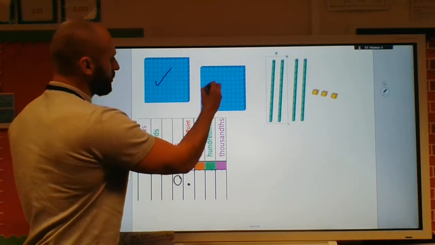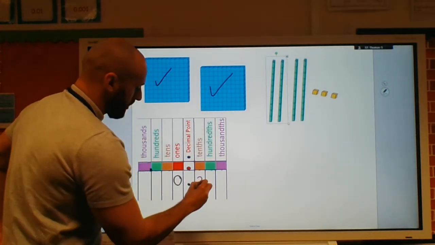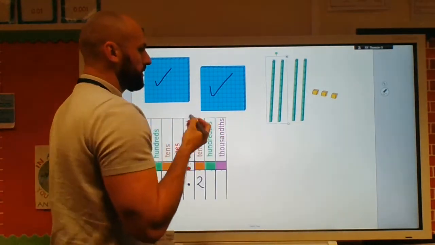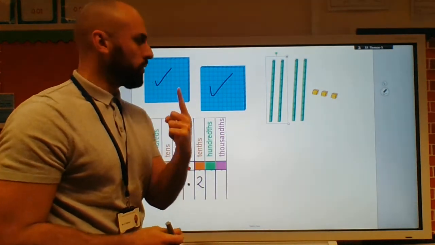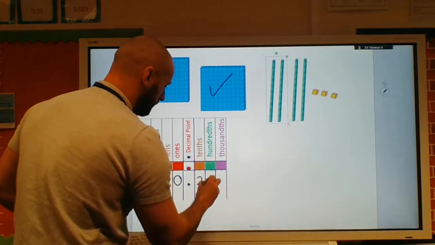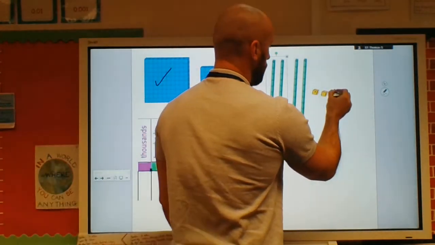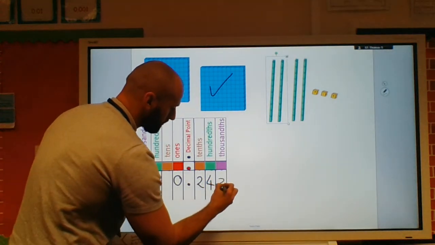I've got 2 tenths. So I can put that into my chart there. And then here, well, remember these are hundredths, because if I had 100 of them, that would make 1 whole. So I've got 4 hundredths. I also have 1, 2, 3 thousandths.